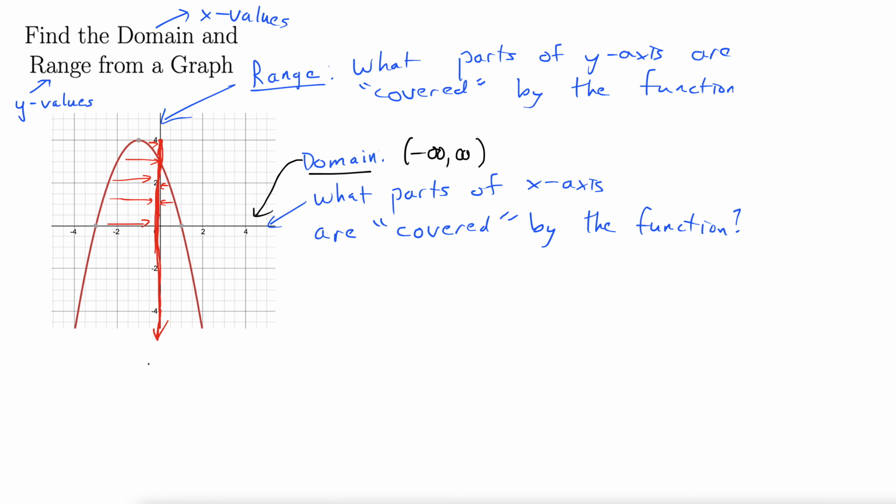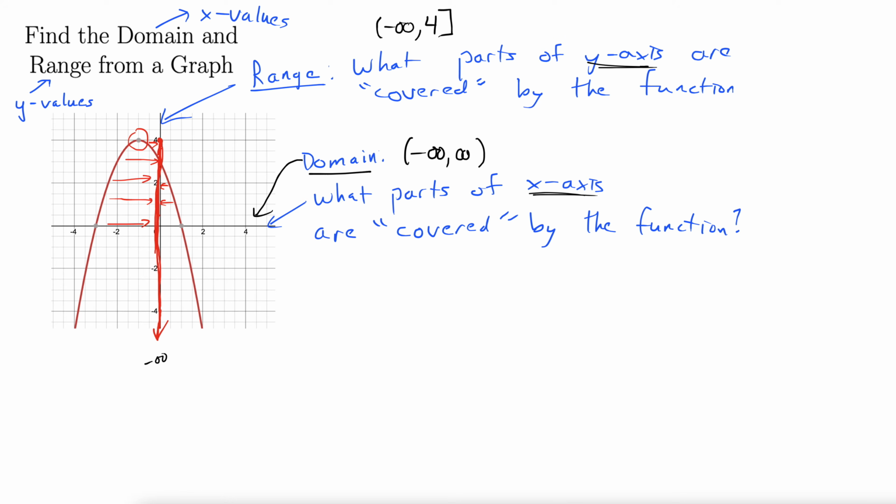Something that starts out down here at negative infinity and comes up, up, up, and stops at 4, but it does hit 4. Note that the value 4 is actually reached. So the range then is negative infinity up to 4, and it actually hits 4, so I'm putting the closed bracket on 4. Okay, so range gives you the y-axis, and domain, you work with the x-axis.